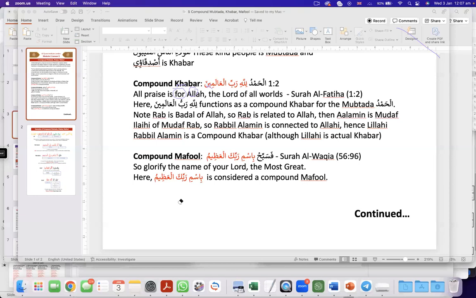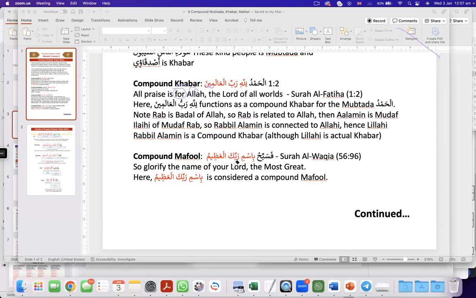Look at the meaning. Bismi, with the name. With the name: bismi, ism, mudaf; rabbi, mudaf ilayhi; ka, mudaf ilayhi again. I don't need to teach this to you, you already know that, alhamdulillah. Ism, Rab, and then ka, a mudaf chain here. Your Rab's name. Are you all familiar? Can you remind yourself?